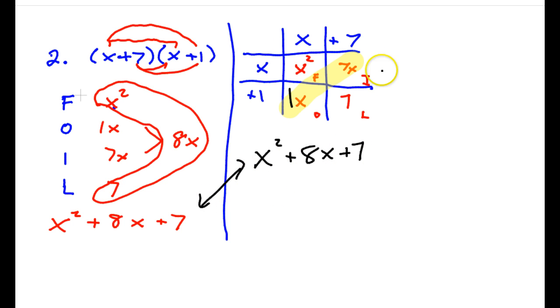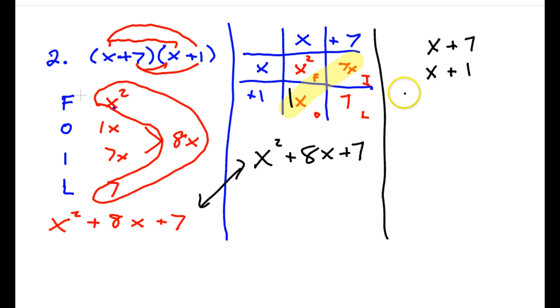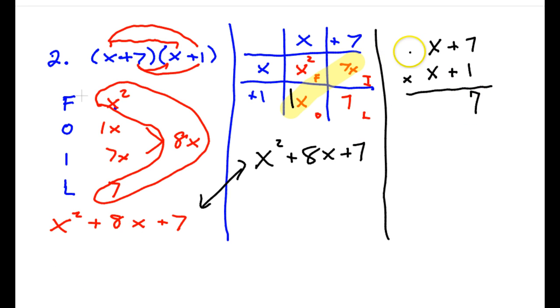Okay. And the last one is just the old school method from 3rd grade, 4th grade, maybe 5th grade. It's like multiplying 2 digits together. 7 times 1. And then you do x, 1 times x, that gives you x.